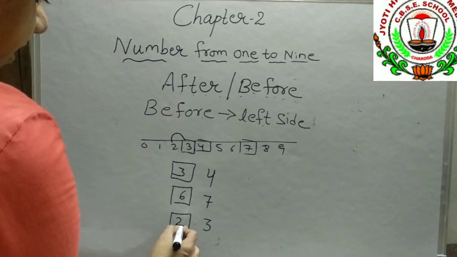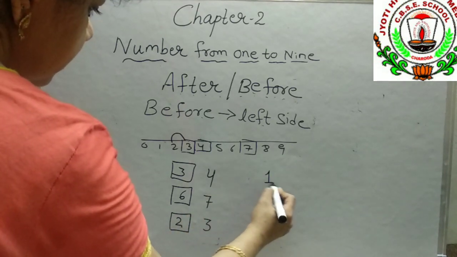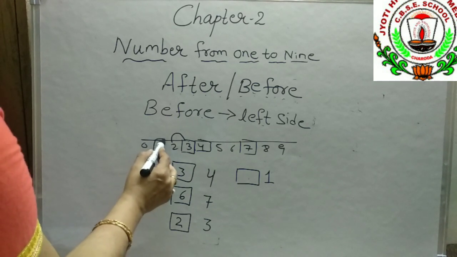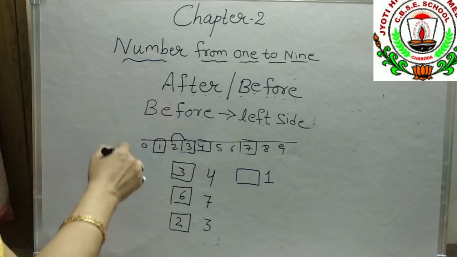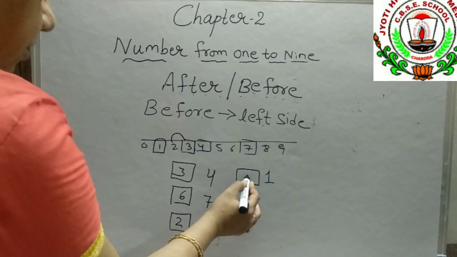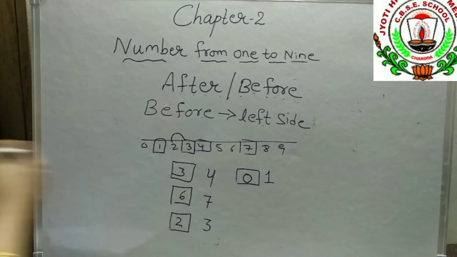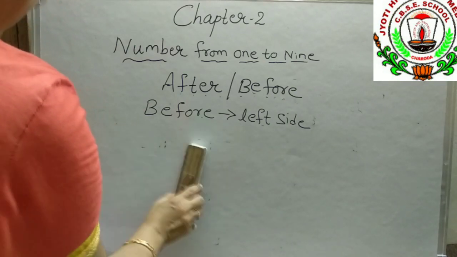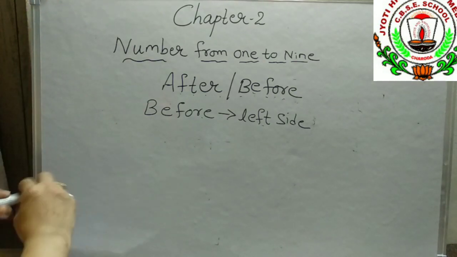So we will write here 2. Suppose I am taking the number 1. Which number is on the left side of 1? It is 0.